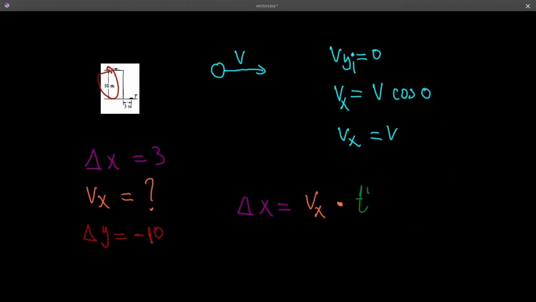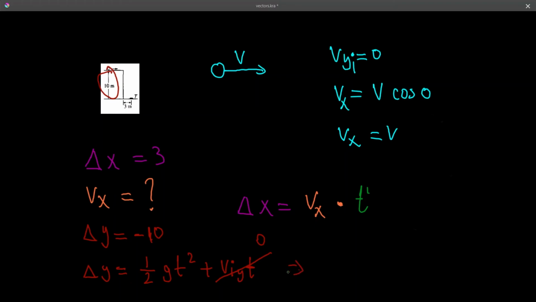And I know that I have a formula that goes a little something like this: delta y equals half g t squared plus Viy t. Using this formula, I can find t. This whole part here is 0 because Vy is 0. Then we can plug in.